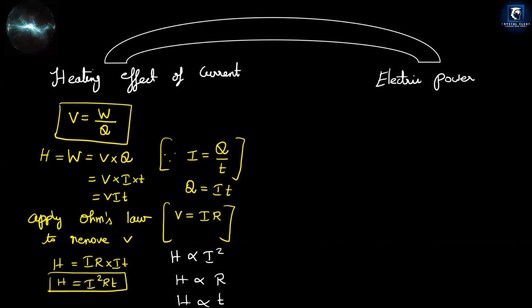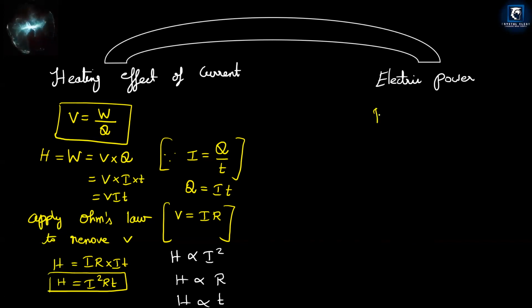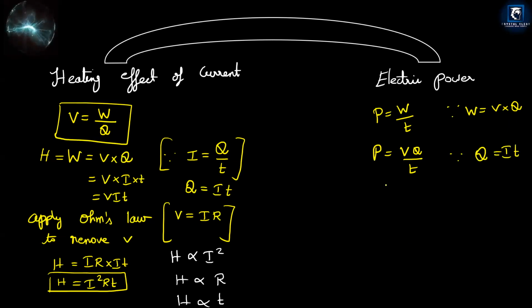Okay. Electric power. The normal power formula we know, power is equal to work done by time taken. So we know the work done, since W is equal to V into Q, we'll apply P is equal to VQ by T. And we know Q is equal to IT.